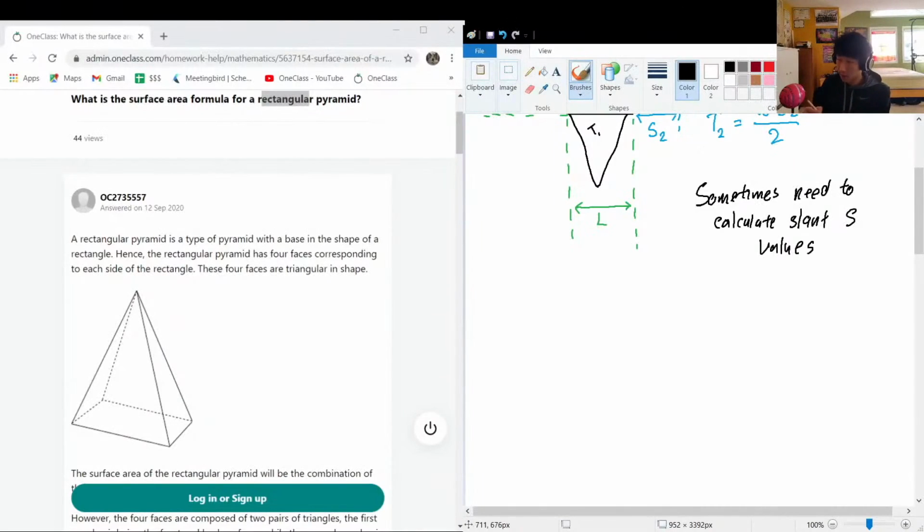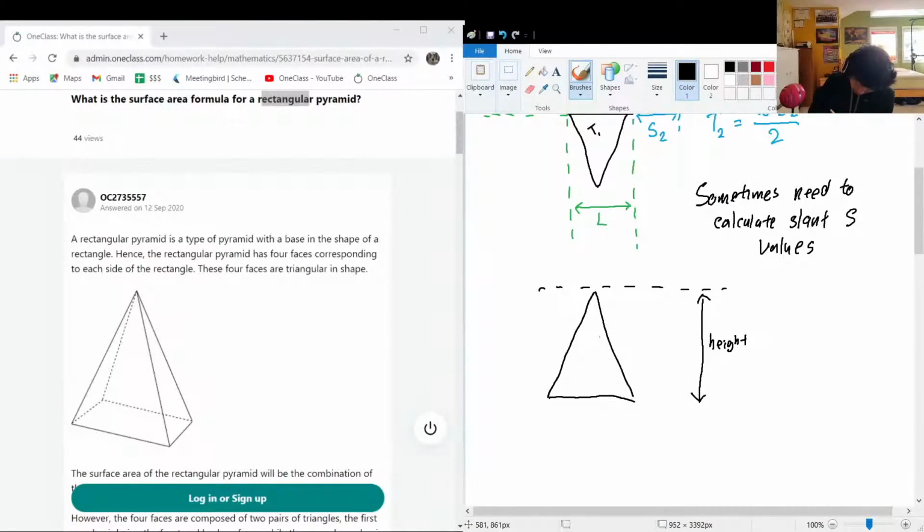If we draw a side view of a pyramid, it really does just look like a triangle. Sometimes we will get a situation where we just get this measurement here, and let's call that the height.